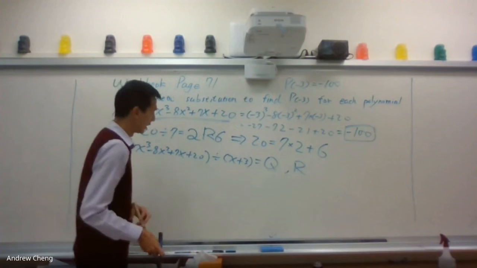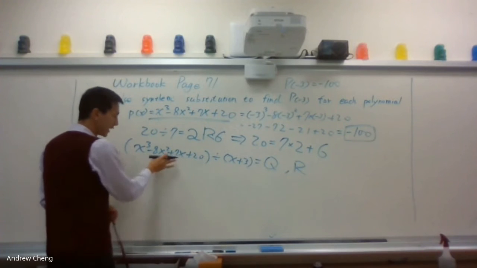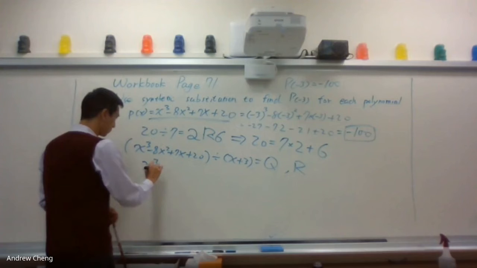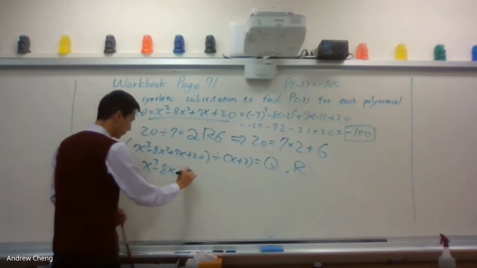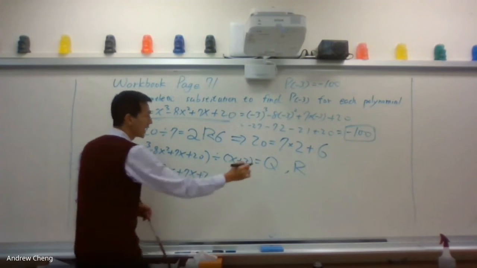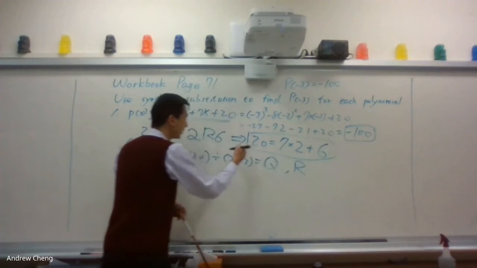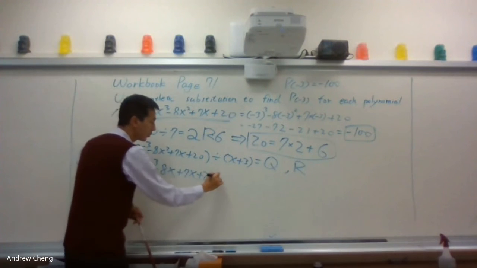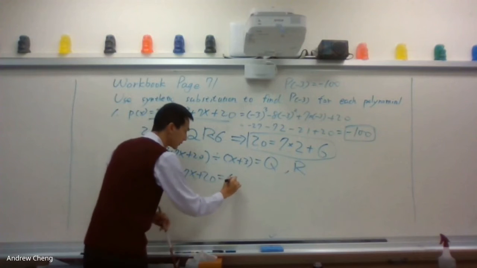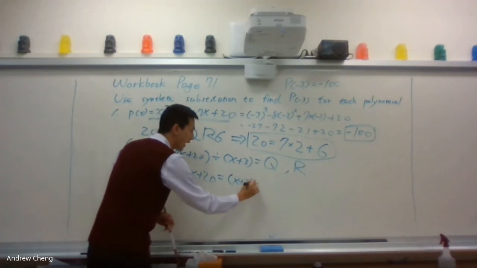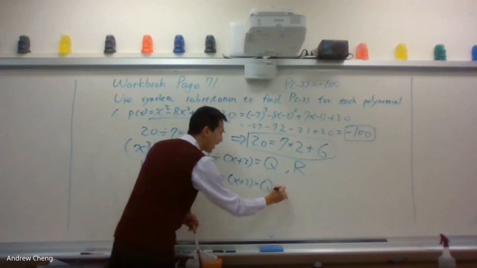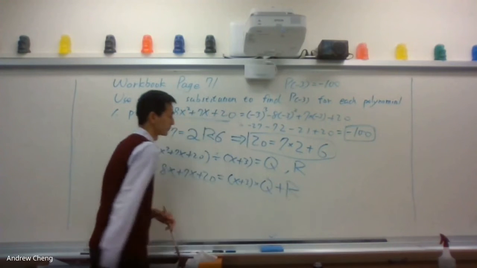So I divide this by that, I get a quotient and a remainder. Okay. So I can rewrite this just like here: my dividend equals divisor multiplied by the quotient plus remainder.